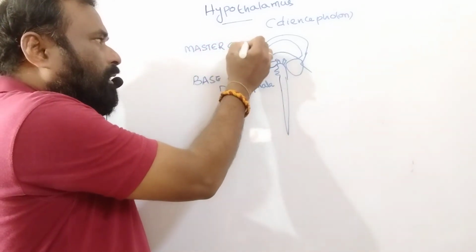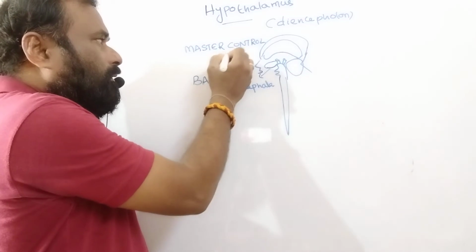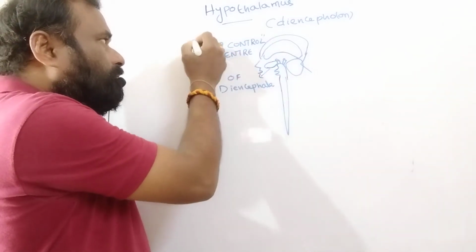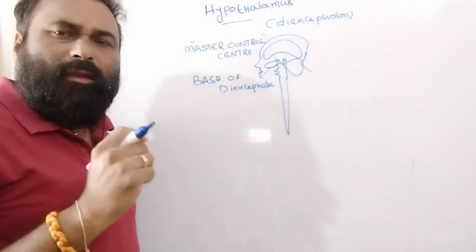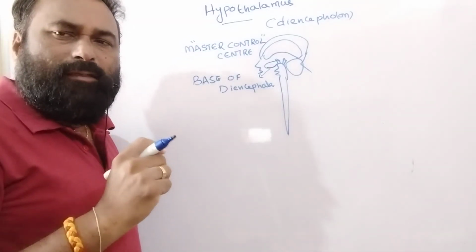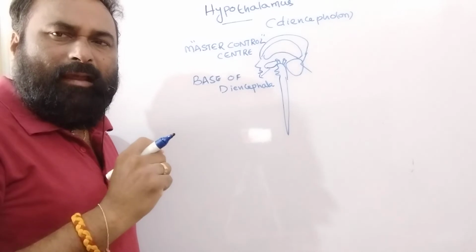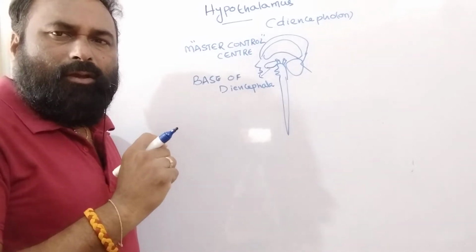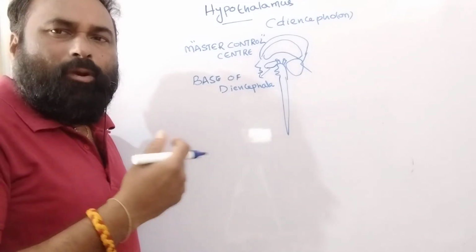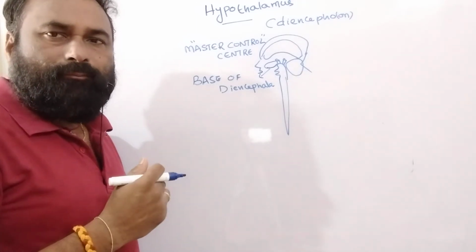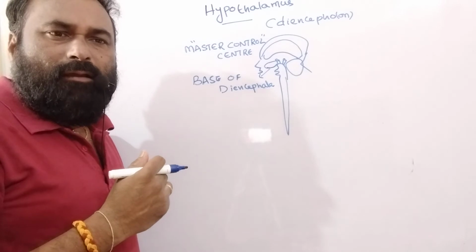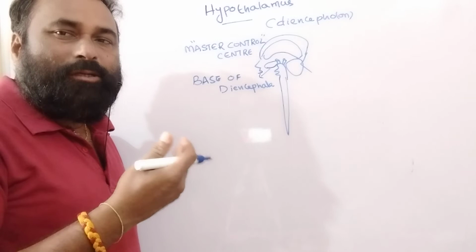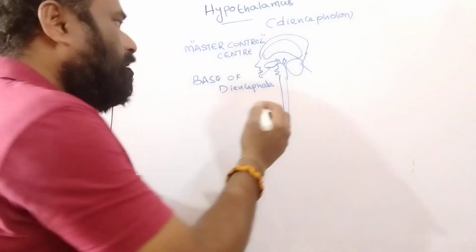It is a very important endocrine-system-related gland-like structure of the diencephalon, meant for the production of hormones.